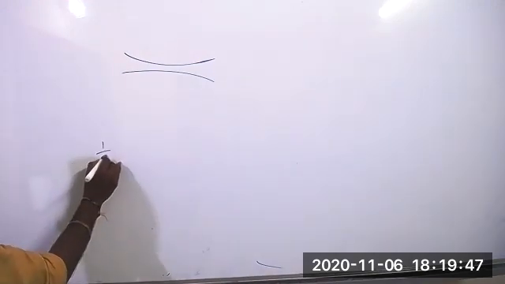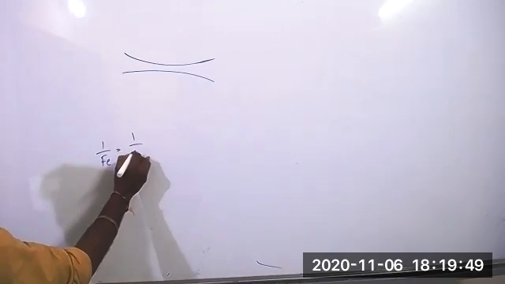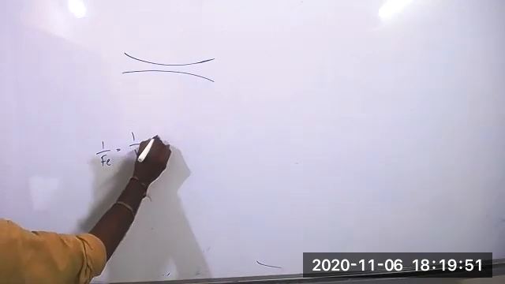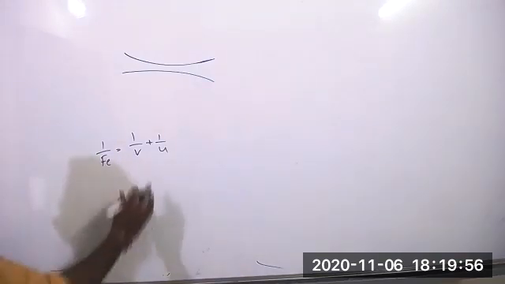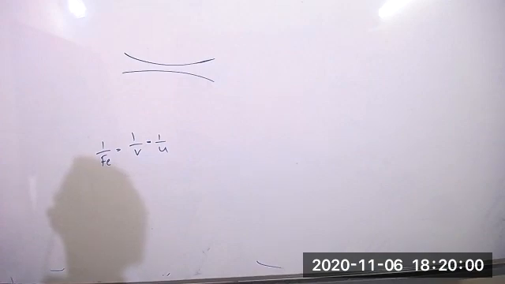For mirror, sir, 1 by F is equal to 1 by V minus U. So 1 by F equal to 1 by V plus 1 by U. Sir, for mirror it says minus, no, sir. So from here V will be F into U by F plus U, no, sir?